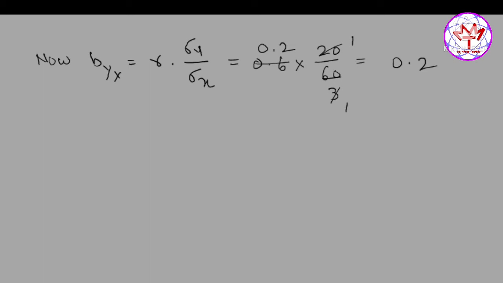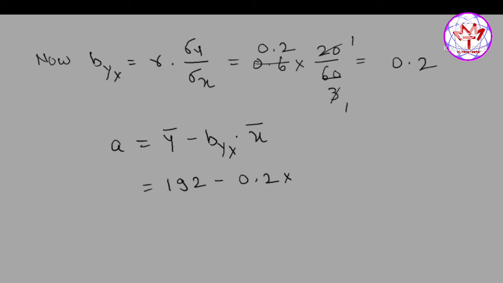Now let us calculate A. A is equal to Y bar minus BYX into X bar. So substitute the values. Y bar is 192 minus BYX we have got 0.2 into X bar.